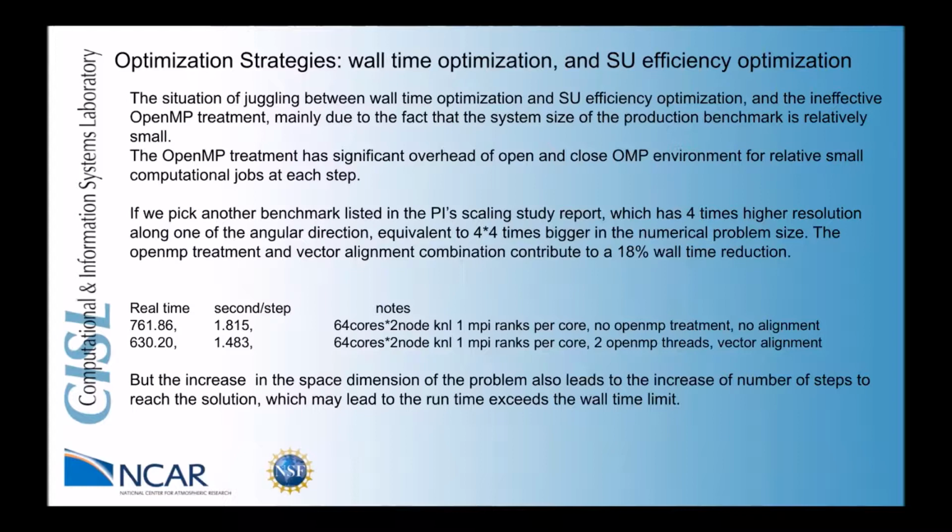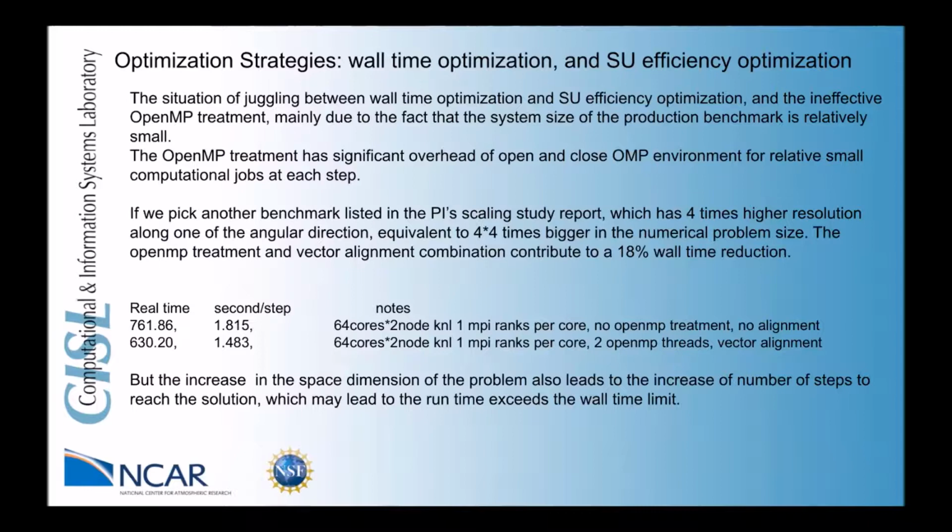If we pick another benchmark listed in the PI's scaling study report, which has 4 times higher resolution along one of the angular directions, equivalent to 16 times bigger in numerical problem size, the OpenMP treatment and the vector alignment combination can contribute up to a nearly 20% wall time reduction.